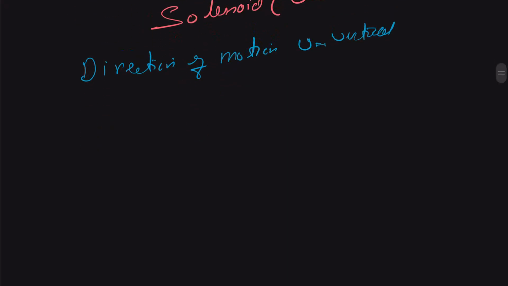And therefore we can write that our velocity is always parallel to our magnetic field. And if these two are parallel with each other, we can say that their cross product will be equal to 0. And if their cross product is equal to 0, the magnetic force will be equal to 0. It means there will be no magnetic force on the particle at any given time.